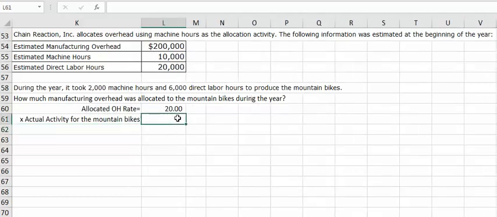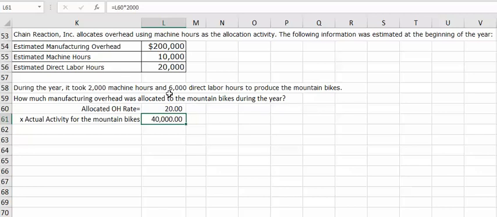Well, we're going to multiply the 20 times the 2,000 hours that it took to make the mountain bikes. So you take your overhead rate, 20, times the actual activity, in this case machine hours. So $40,000 out of the 200,000 is going to go to the mountain bikes. That means the rest of it, if there's only two products, would go to the road bikes.